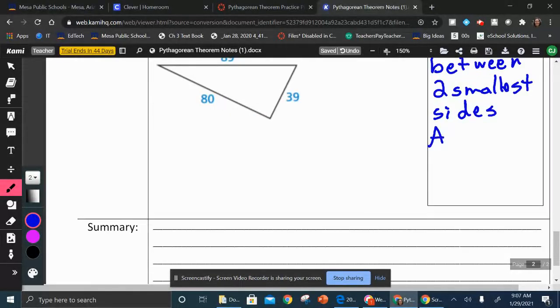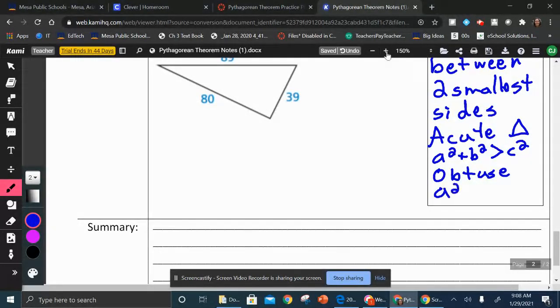If it's an acute triangle, a squared plus b squared is more than c squared. If it's obtuse, then a squared plus b squared is less than c squared. So that's for acute and for obtuse.